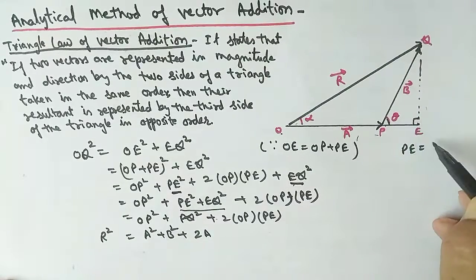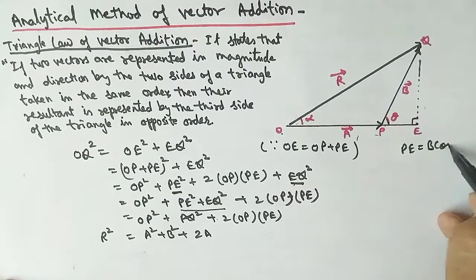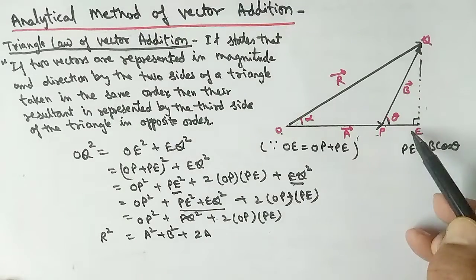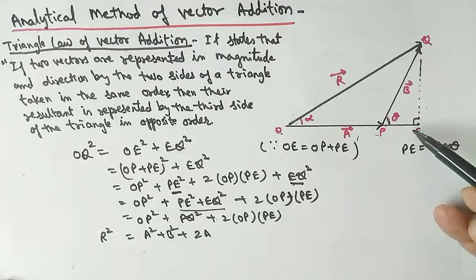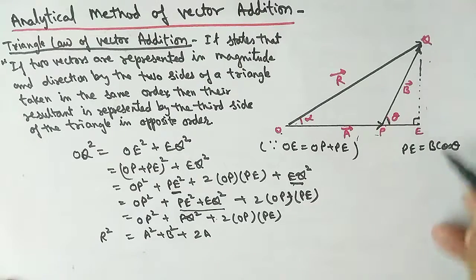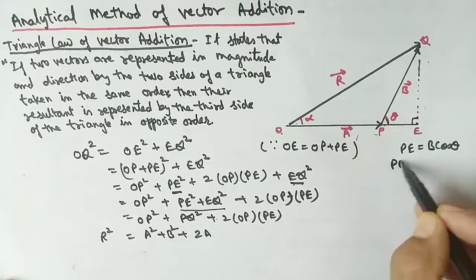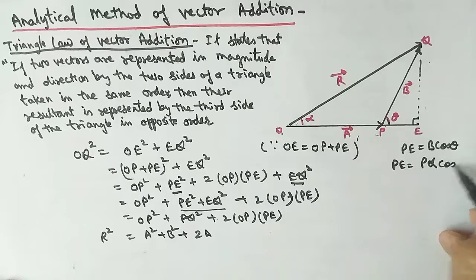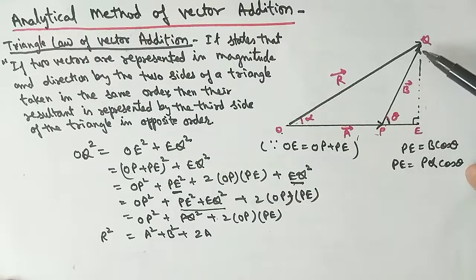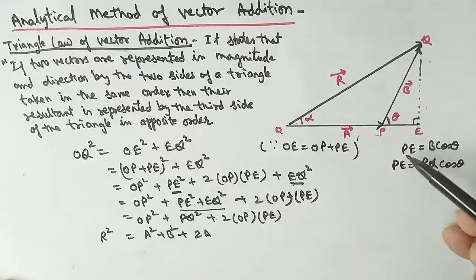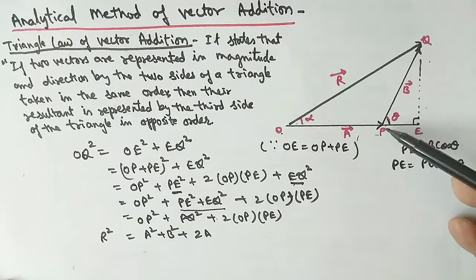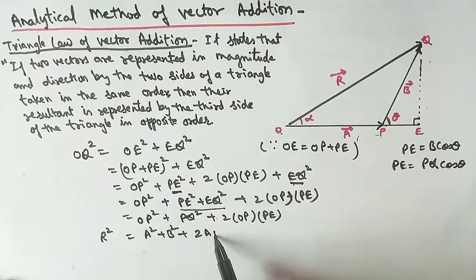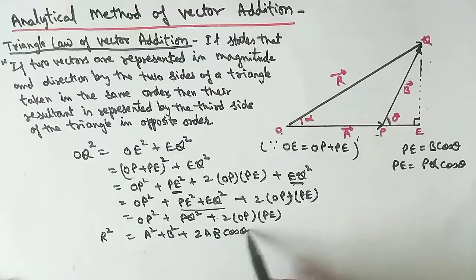PE is equal to the base, so we can write it is B cos theta. You can understand like this: PE is equal to PQ cos theta, that is cos of the hypotenuse. Using this angle it is the base, so PE is equal to B cos theta.